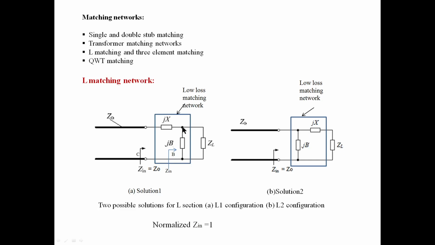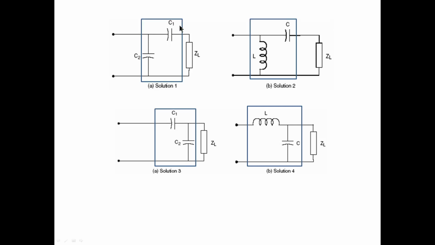Okay, it may be like this, and again here capacitor or inductor, any combination, like this is first series, then shunt, this is first shunt, then series. So any combination of inductor and capacitor we can use, that depends on the load value ZL. Okay, any one of this.